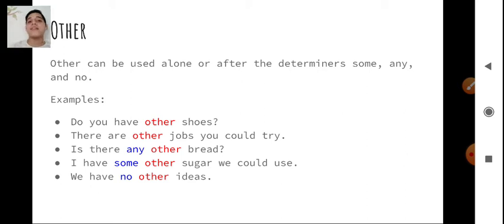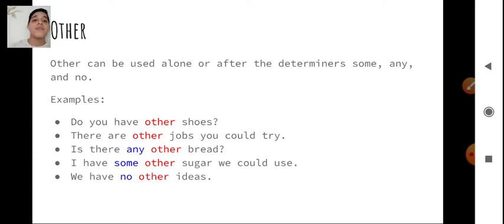So, is there any other bread? Now, I have some other sugar we could use. And finally, the last example, we have no other ideas.